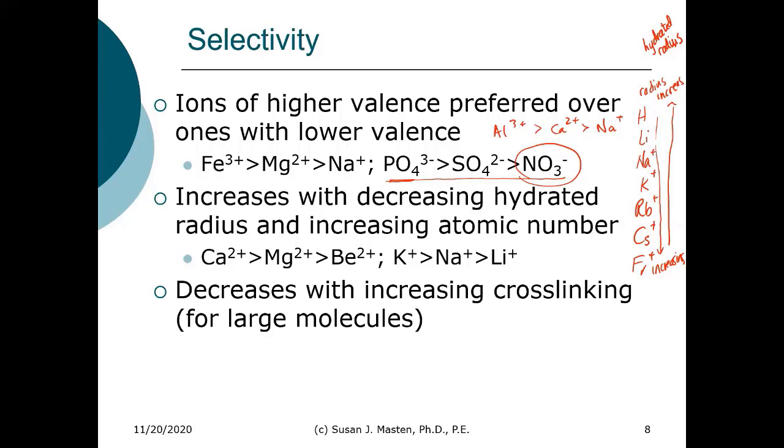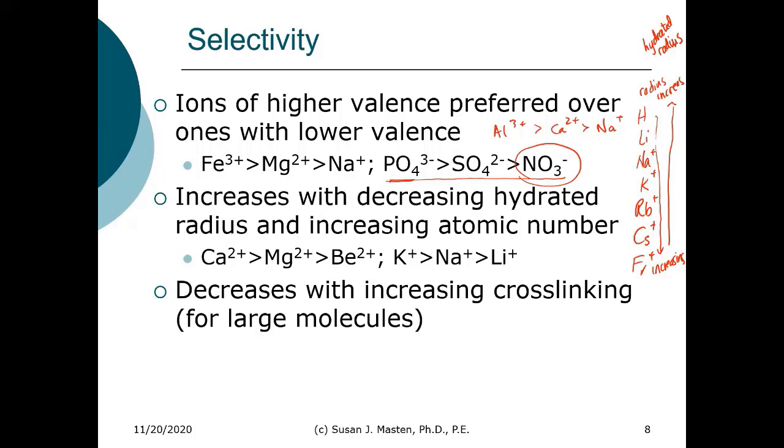And if you remember, I mentioned swelling pressure. The hydrated radius of these ions results in a swelling pressure. And if the swelling pressure is too great, it can actually degrade the polymer from a physical perspective. So in terms of selectivity, potassium is preferred over sodium, which is preferred over lithium.